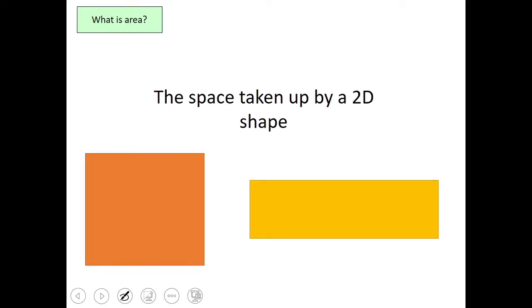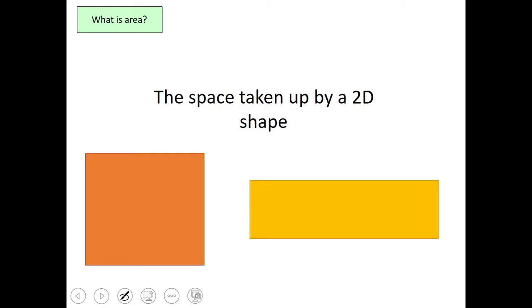So now the first thing we need to ask ourselves is, what is area? Now, this is the tricky bit because a lot of students do get confused between perimeter and area. Remember we said the perimeter is the total distance of the outside of a shape, whereas the area is the space taken up by a 2D shape.